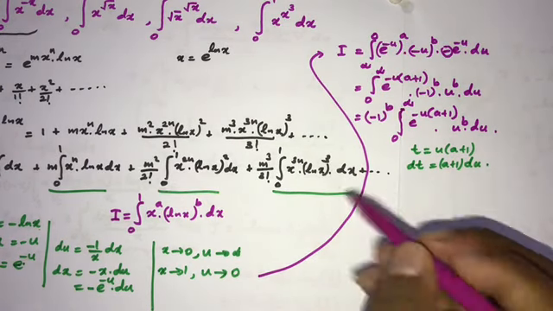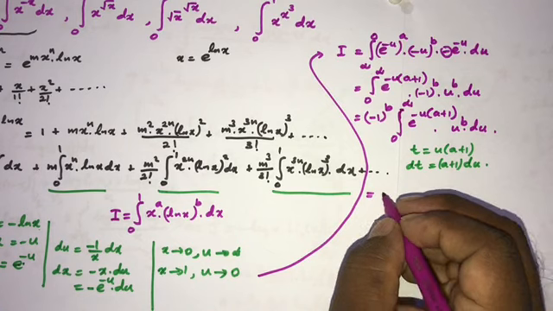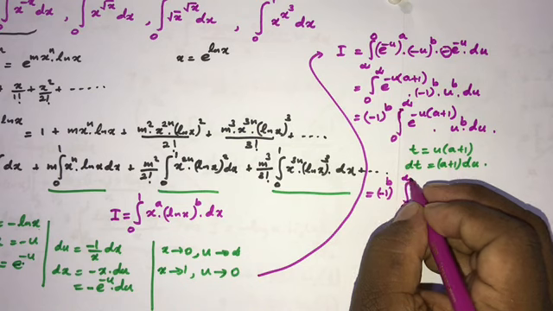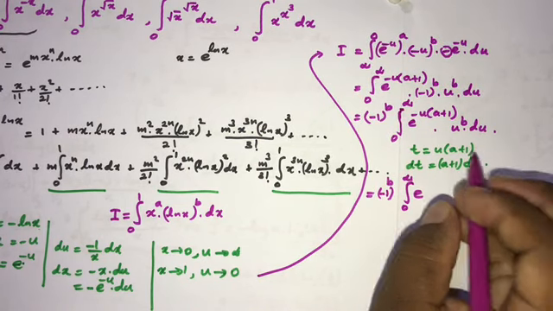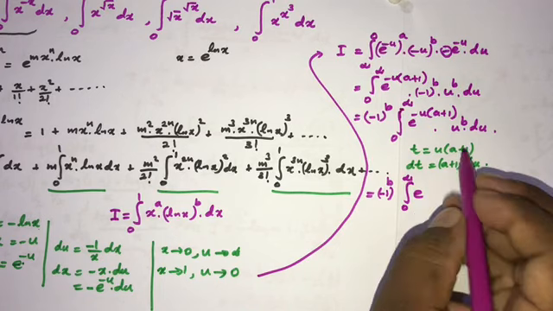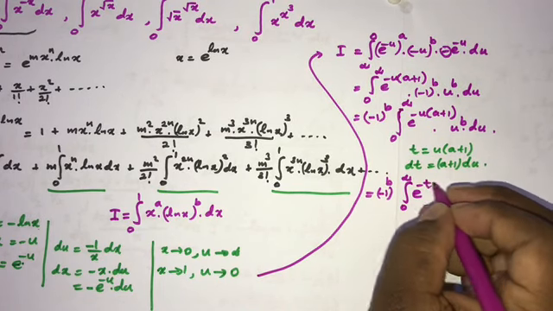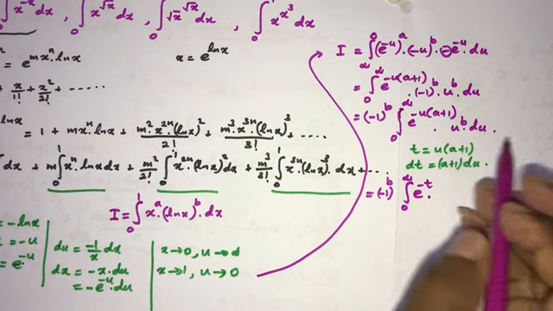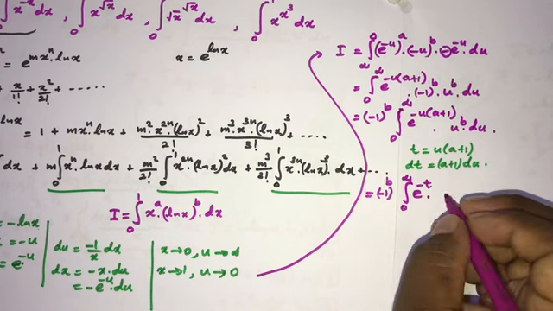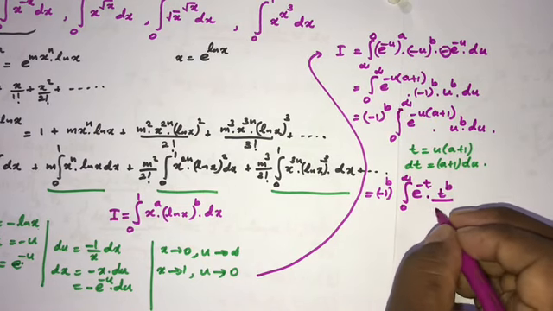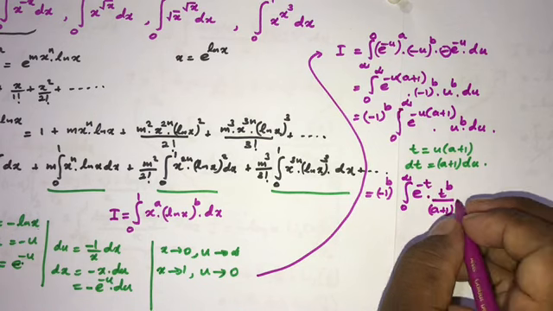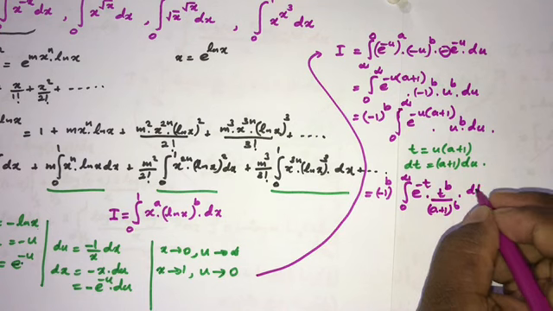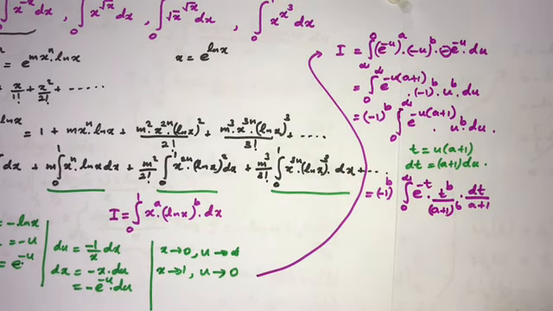Therefore we can write this is equal to minus 1 to the b integral from 0 to infinity, e to the minus t, since u times a plus 1 is t. Now u is equal to t over a plus 1, so t to the b over a plus 1 to the b, and du is equal to dt over a plus 1.